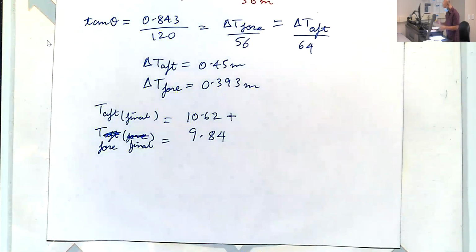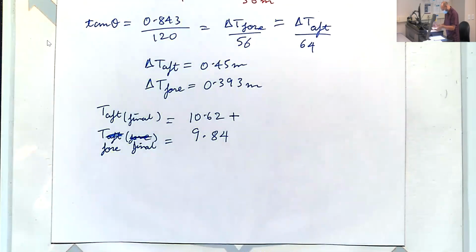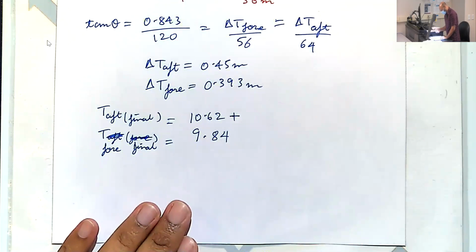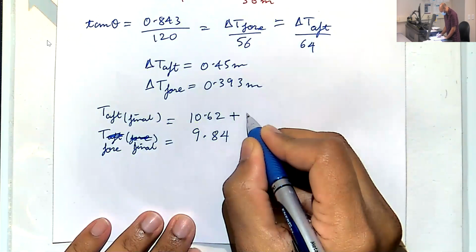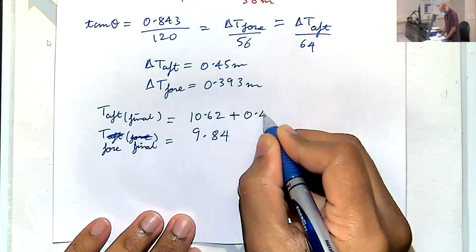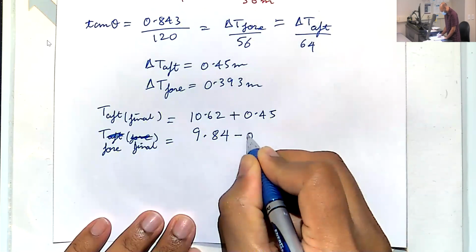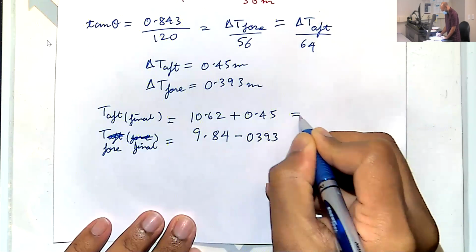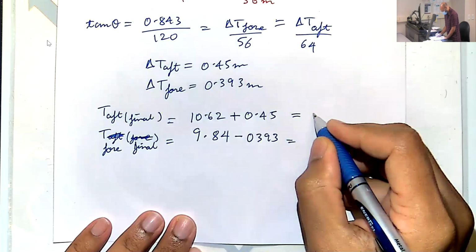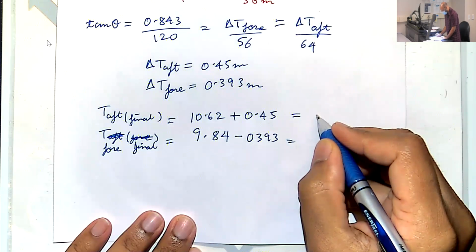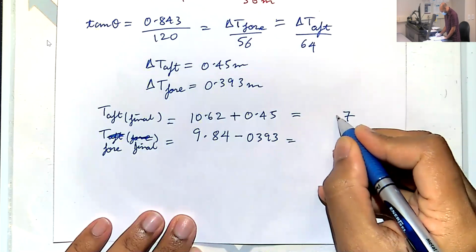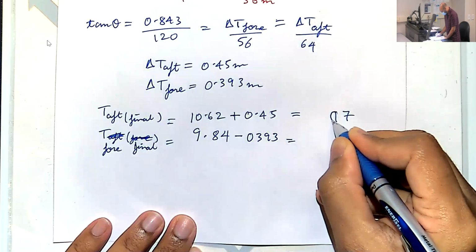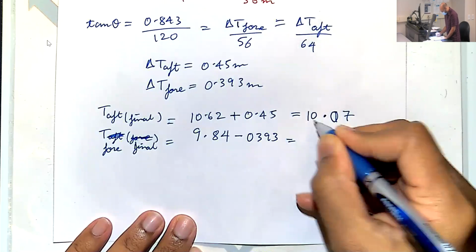Yeah, so even I mess it up sometimes. I saw in the previous example. So we do a plus for the aft, so we have a 0.45, and a minus for the bow. So we end up with 0.10 meter.